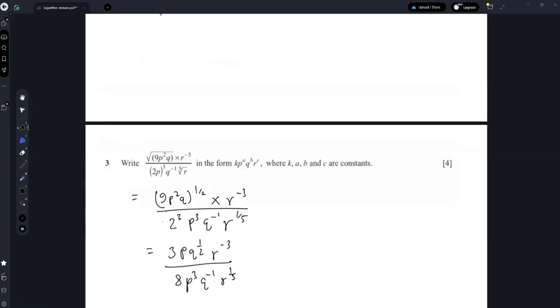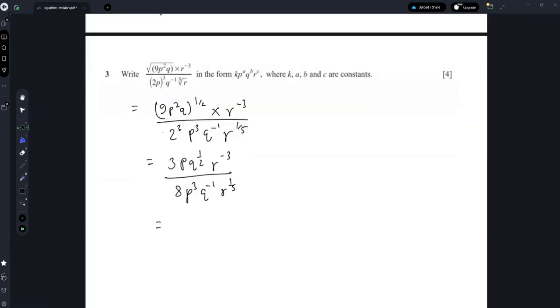So we get k, right? So k is going to be 3 by 8, p to the power 1 minus 3, q to the power half plus 1, r to the power 1 minus 3 minus 1/5. So therefore, we get 3/8 p to the power minus 2, q to the power 3 by 2, r to the power minus 16 by 5.